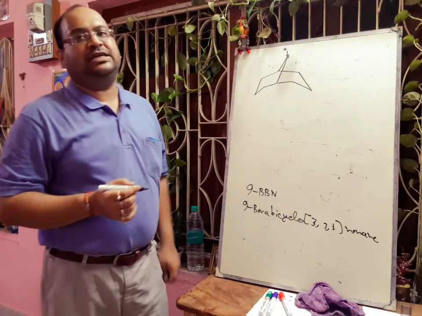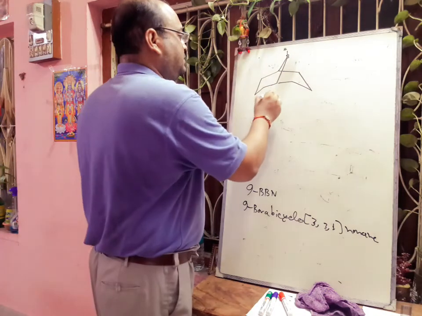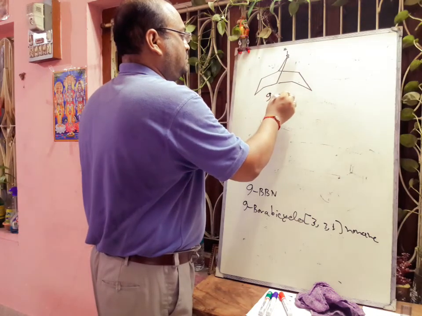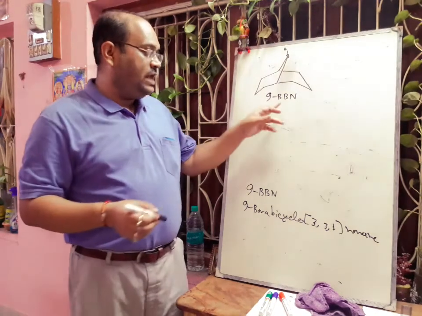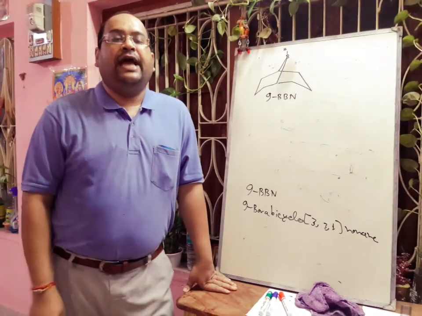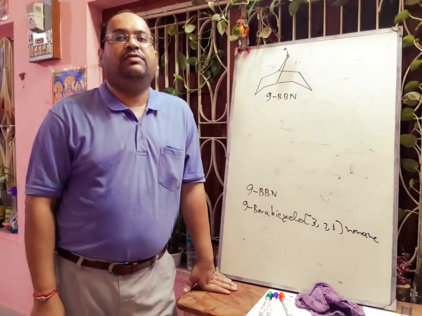And this is the structure of 9-BBN. The full name of this reagent is 9-borabicyclo[3.3.1]nonane.